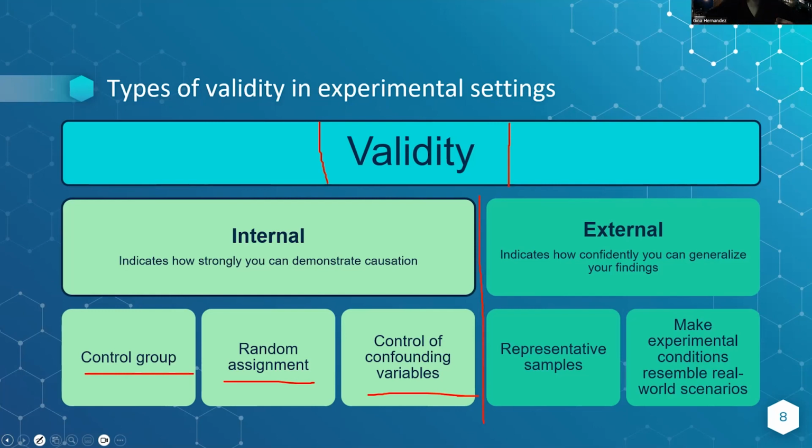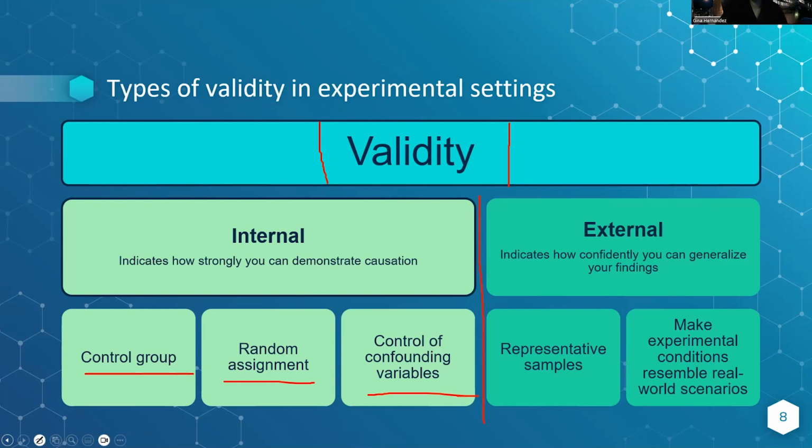So you have a really plain setting, because you're controlling a lot, and this makes your experiment really artificial. So it is likely that the way you behave in this sterile room won't be the way you would behave in real life, right?